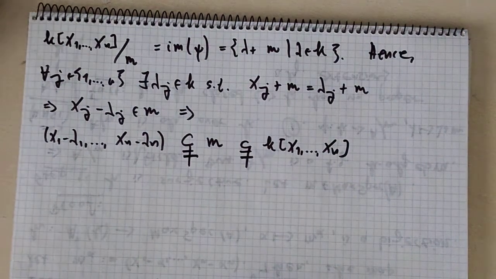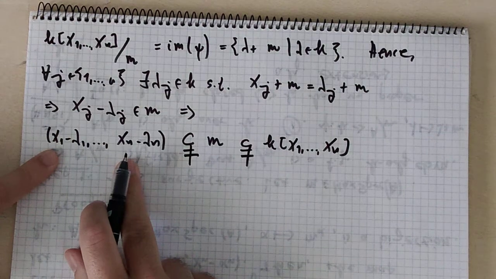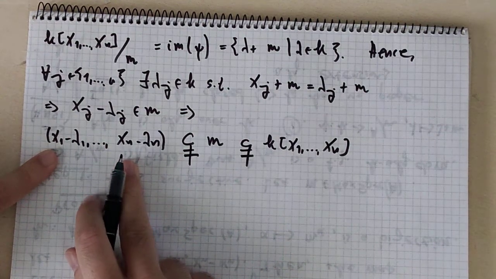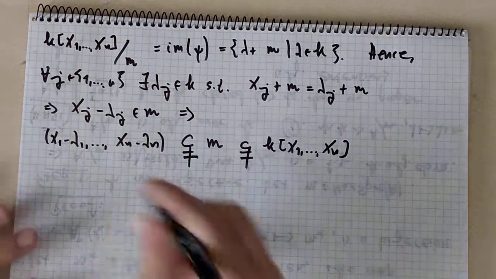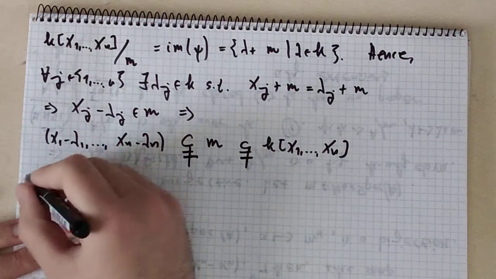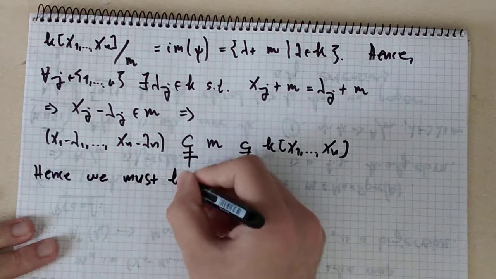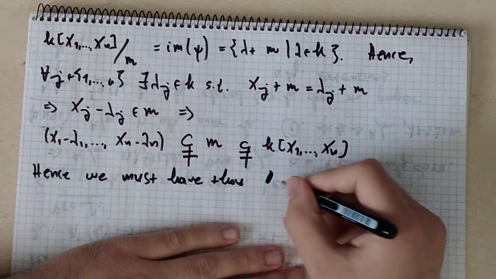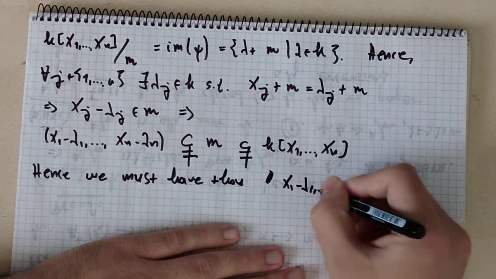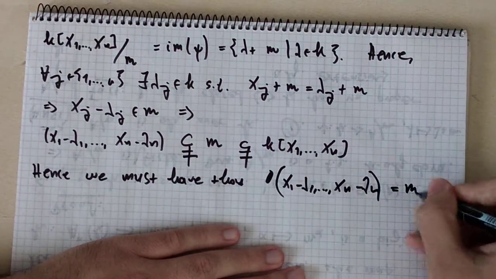But we just saw in the previous lemma that this ideal is in fact maximal, right? So this thing cannot occur because this is maximal. So we must have that this ideal is in fact equal to M.